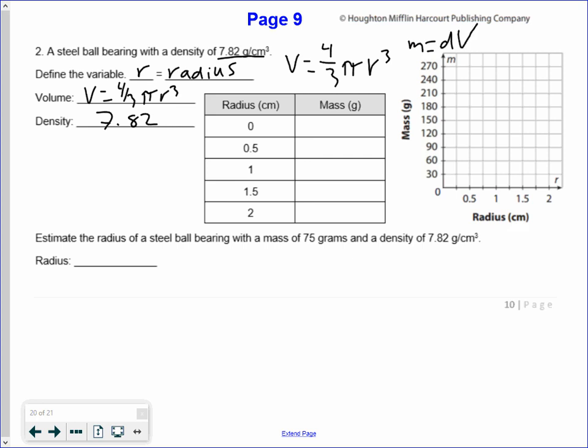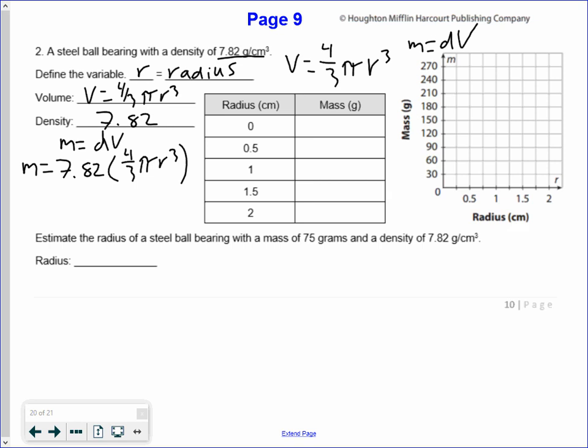I'll ultimately solve for my mass, so I want m equals whatever it is. My density is constant, it's always 7.82, so m equals 7.82 times 4 over 3 pi r cubed.